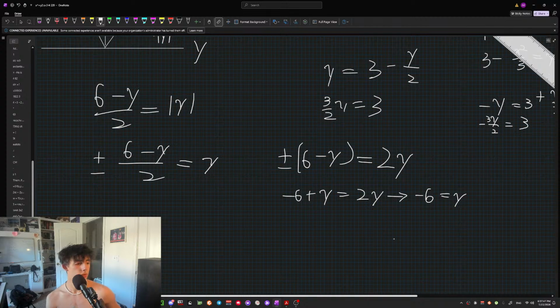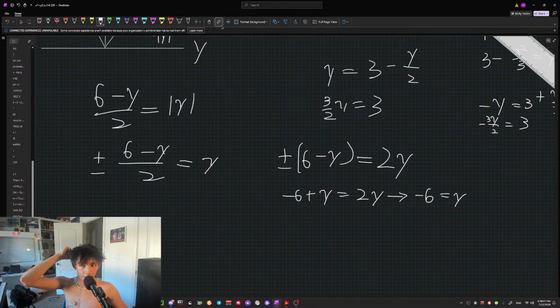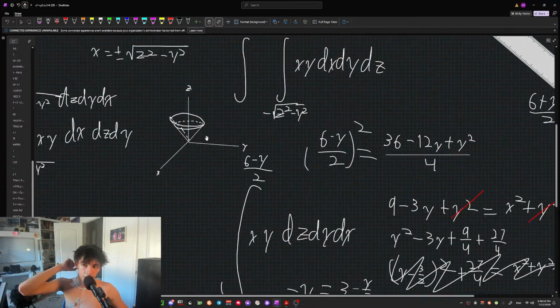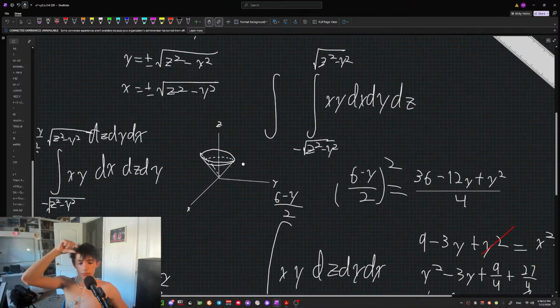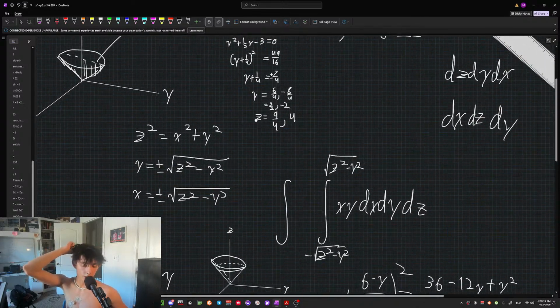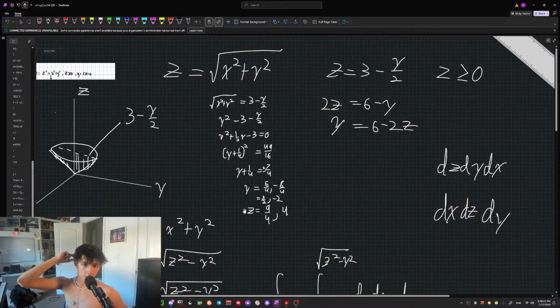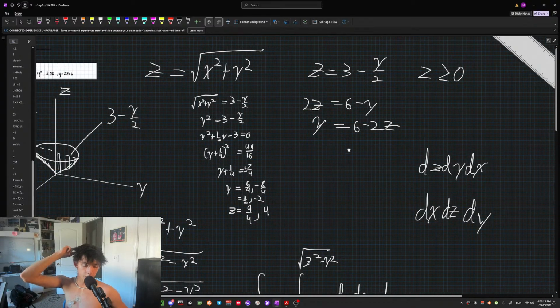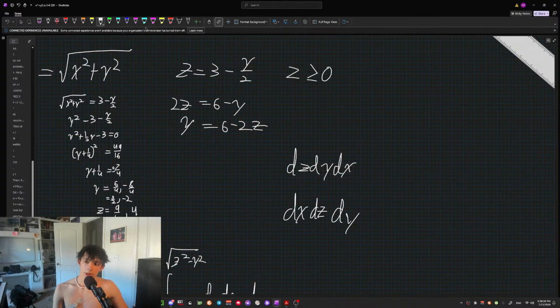I don't get it. What am I doing incorrectly? Oh, God. I need to describe y in terms of x. So if x equals z squared minus y squared, then z equals 3 minus y over 2, squared.